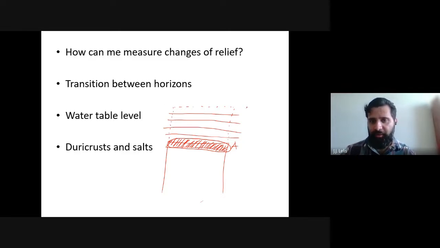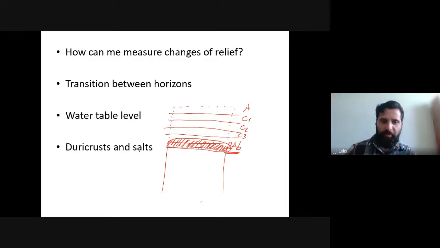And now I can see this A, C1, C2, C3, and now I have a 2A, B, a buried A horizon.